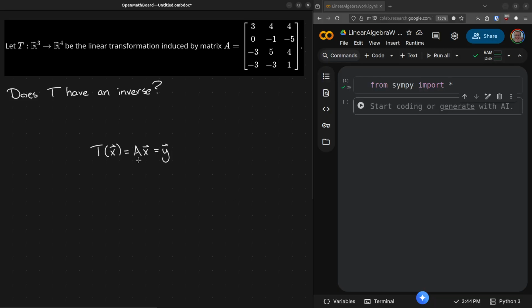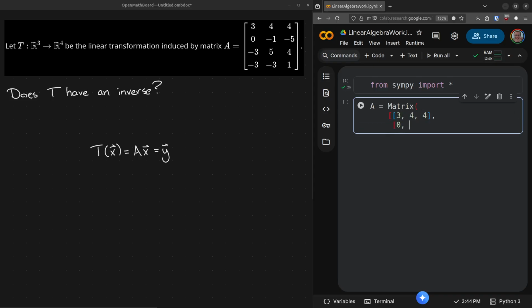Okay, so what I'm going to do is focus on matrix A, and I'm going to find the reduced row echelon form of matrix A. So I get 3, 4, 4 as the first row, 0, -1, -5 as the second row, -3, 5, 4 as the third row, and -3, -3, 1 as the fourth row.